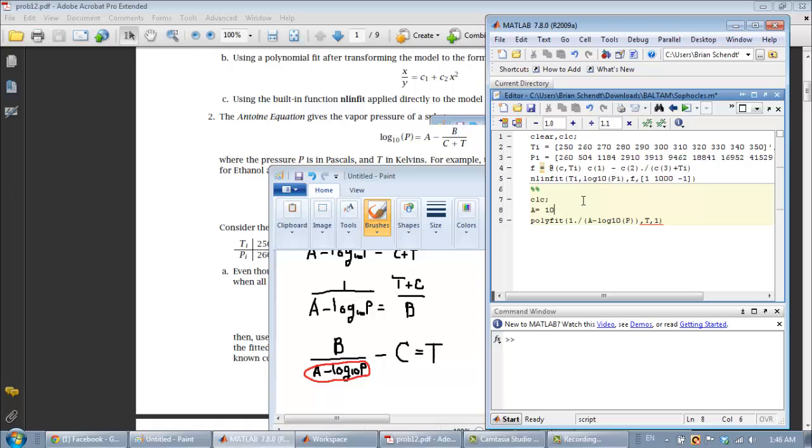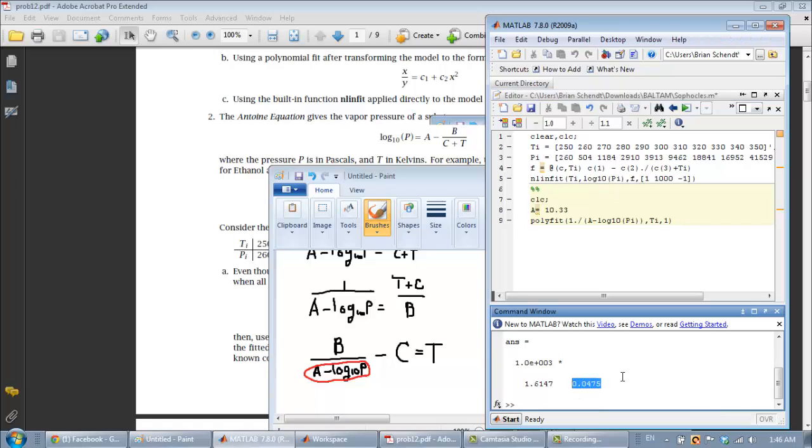I need to find a because we assume we know a at this point. And okay, it should be pi and ti. Okay, so this gives you a pretty good approximation of b and c, but the c isn't negative. So what's a possible cause of that? Well, we just polyfitted something that is not a polynomial, which is problematic.